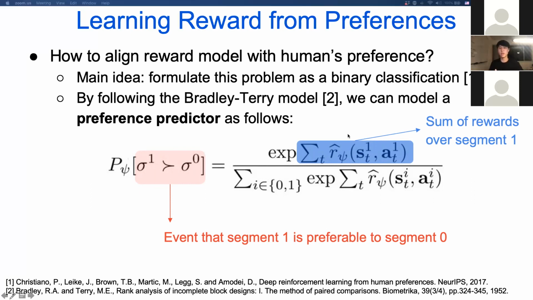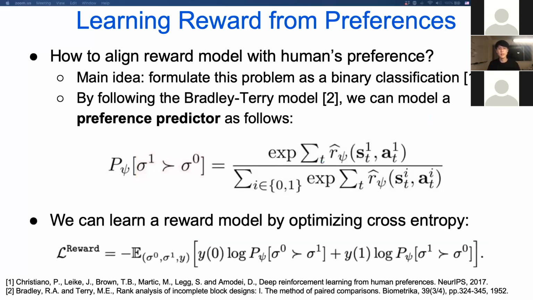And in this way, we can define a binary classifier which predicts the preference based on our current reward model. Then we can align our reward model and human's preference by training this preference predictor via standard cross entropy loss.